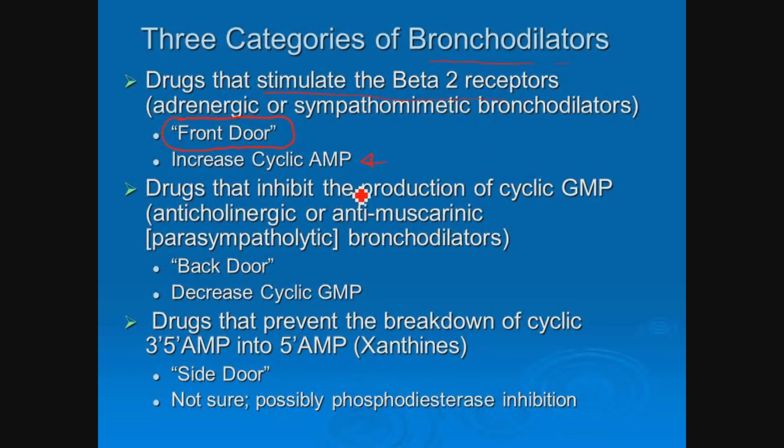I can also create exactly the same process by blocking the cyclic GMP, and these are done with what we call anticholinergics or antimuscarinics, and these are our backdoor bronchodilators. And finally, there's a third way that this can be done, although it's a very weak way, but as we'll find, this substance is broken down by a substance called xanthines, and we're going to call those side door.